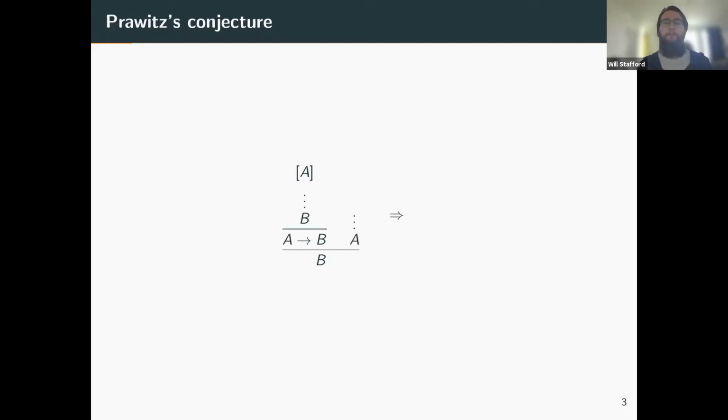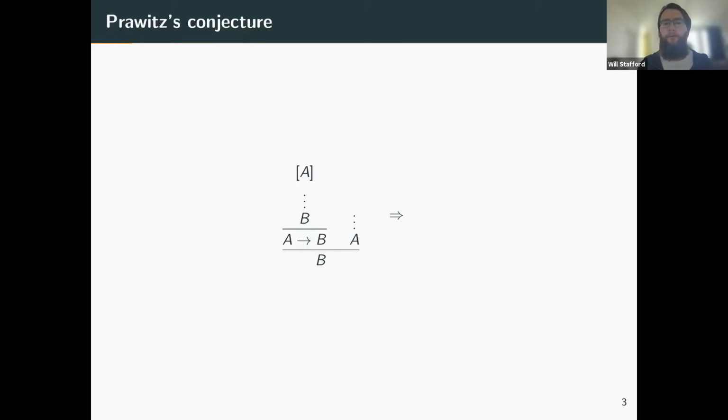Prawitz gives us a way of looking at this more formally. Recall that a detour in a proof is where one introduces, then eliminates a symbol. So up here now we have a detour for implication. And a logic normalizes if we can remove all detours.